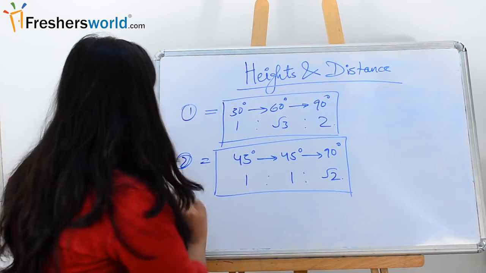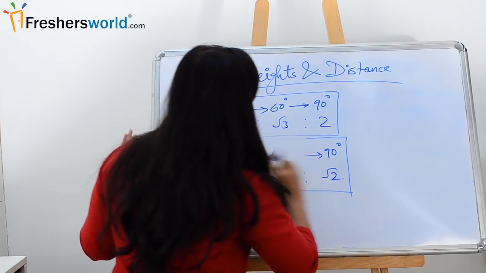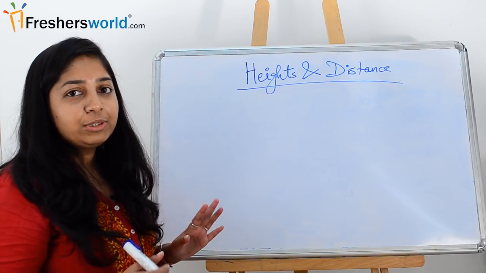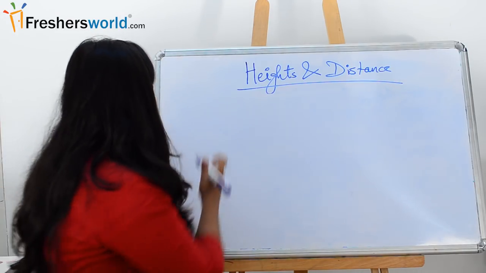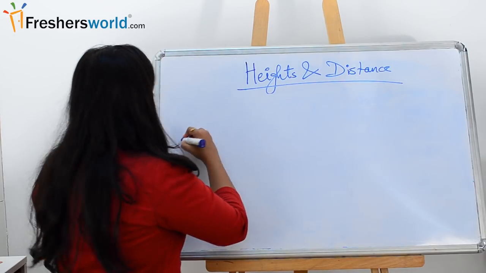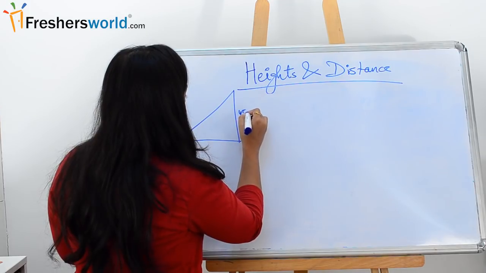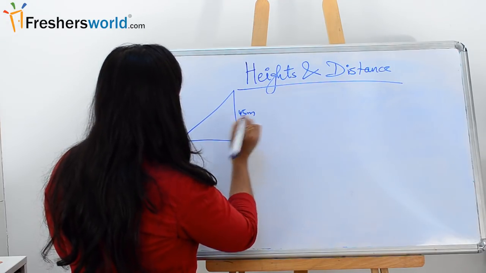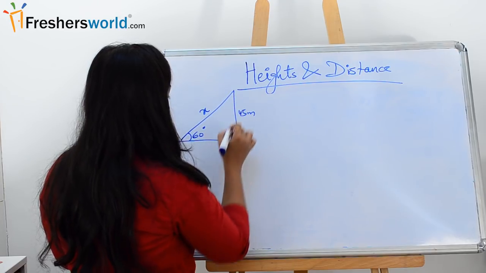Hope you all noted it down. Let's implement this trick in a problem. Let's try to implement this trick on the same problem we just solved. As you remember, this is the diagram. Here we had 45 meter, this was 60 degree, and we had to find x.